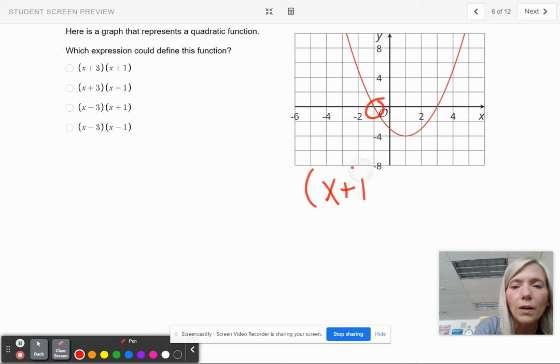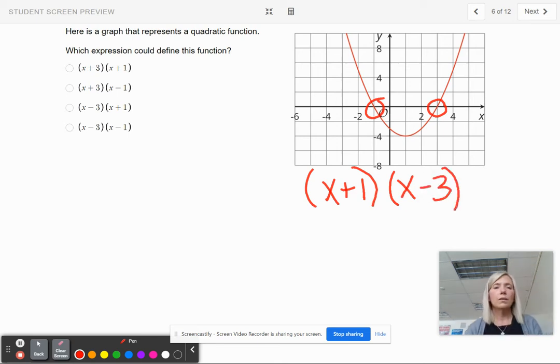Remember, opposite sign. And then the other one here at positive 3 tells me the other factor is x minus 3. Remember, again, opposite sign. So that tells me the one that matches it up is x minus 3 times x plus 1.